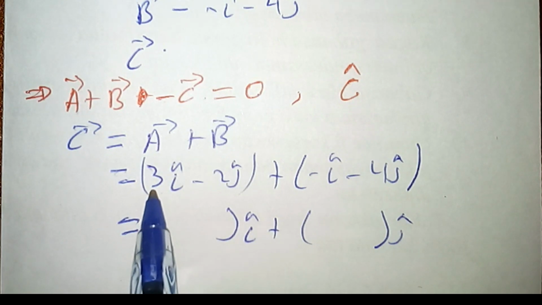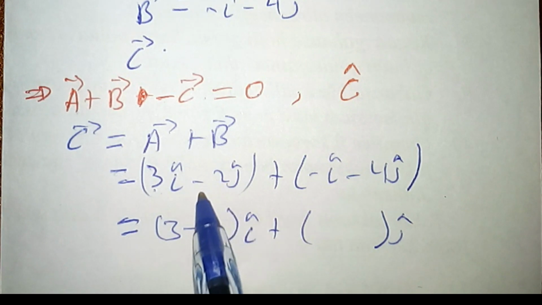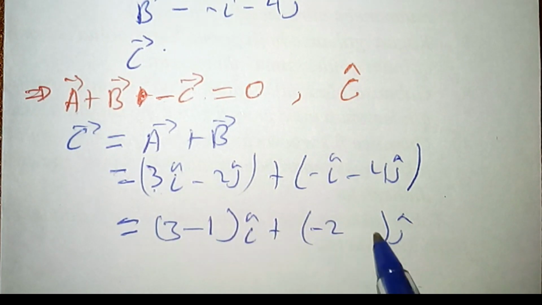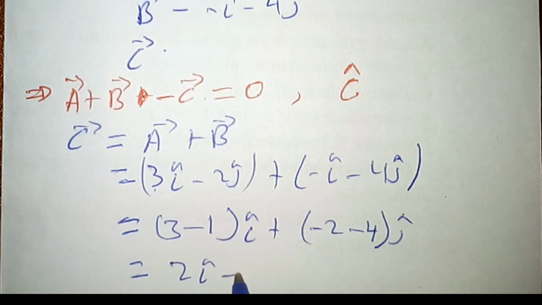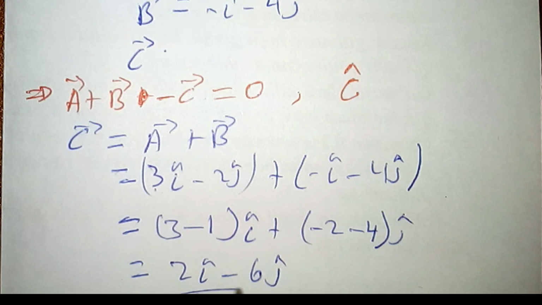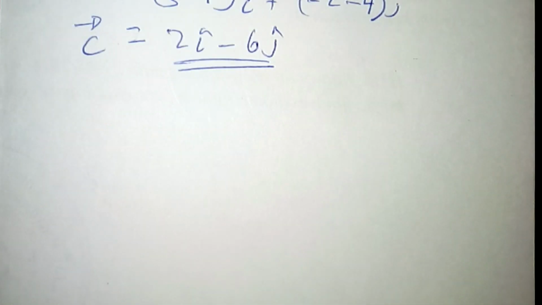That means 3 minus 1, and minus 2 minus 4. So this is finally equal to 2i minus 6j. Vector C is equal to 2i minus 6j.